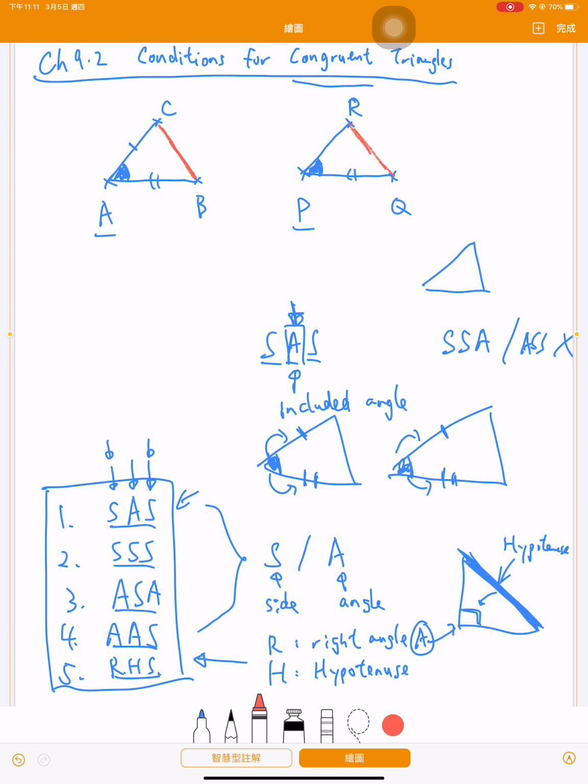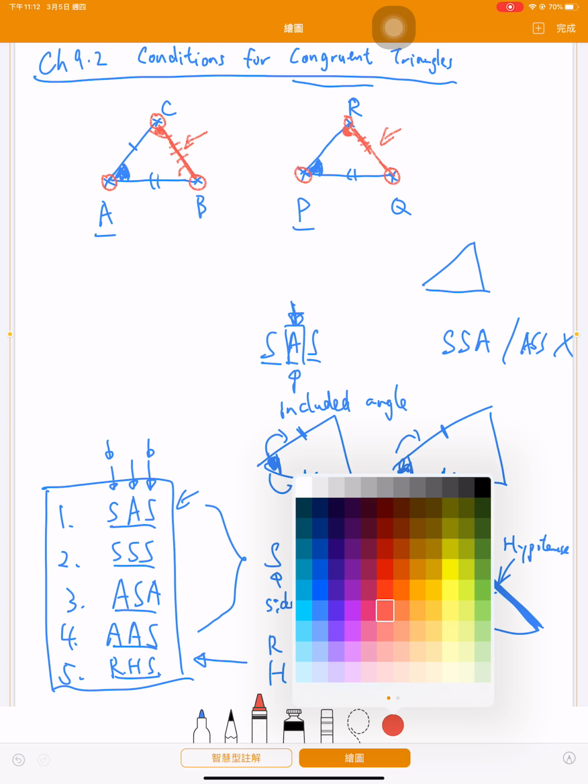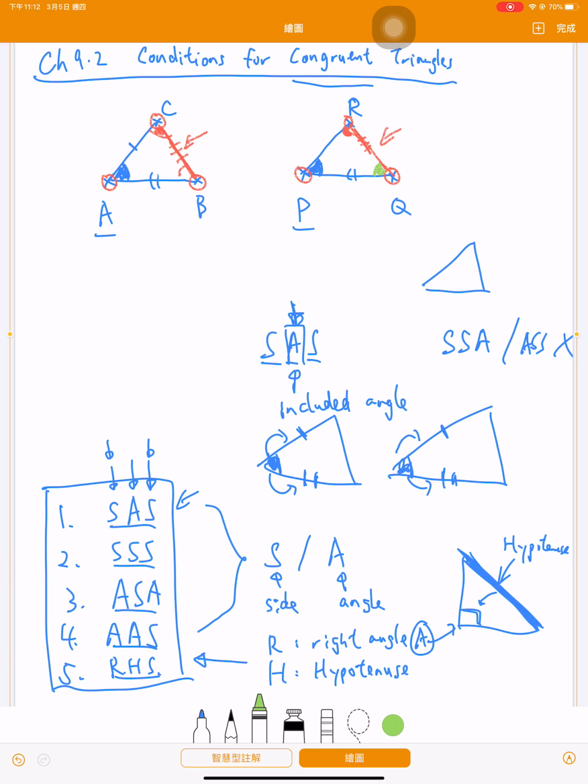And because these 3 points are already fixed, right? These 3 points are already fixed. So these 2 lines must be the same, right? Must be the same. And also the angle will also be the same, right? This one will equal to this one. And then this one will also be equal to this one, right?